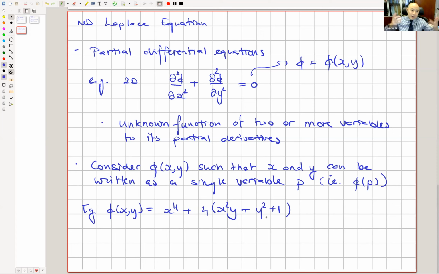Hopefully you have a pen and paper ready to play along. But is it possible here to write φ as a function of x and y in terms of φ as a function of a single variable p? Okay, I'll give people a minute or two to attempt this.